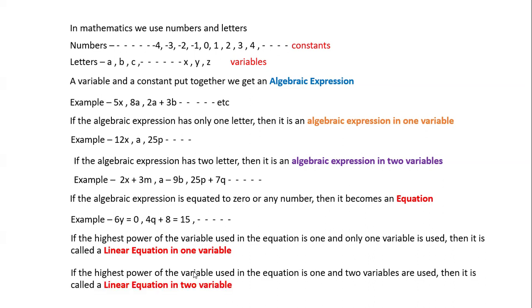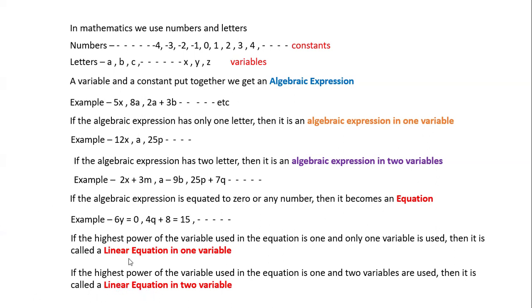If the highest power of the variable used in the equation is 1 and two variables are used, then it is a linear equation in two variables. Because it's a linear equation, its highest power is 1, but it has two variables, therefore it's a linear equation in two variables.